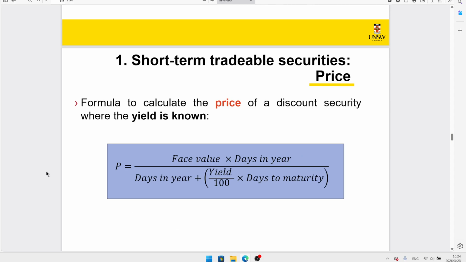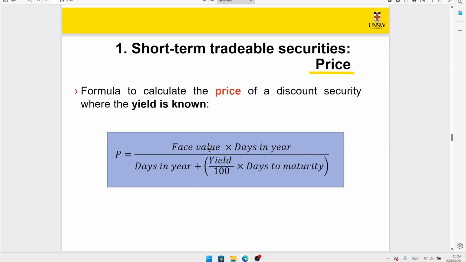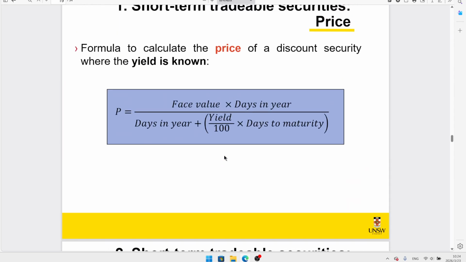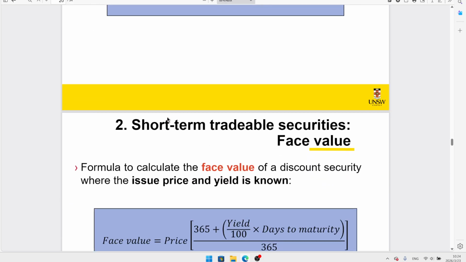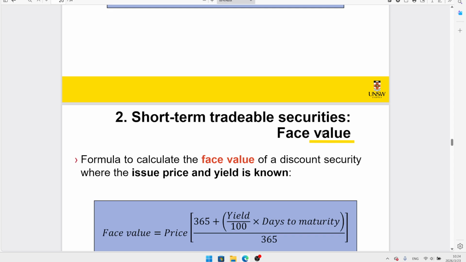That's the detailed function. I'd like to explain it to you, as we did in the week 5 examination. Yes, and next is short term.